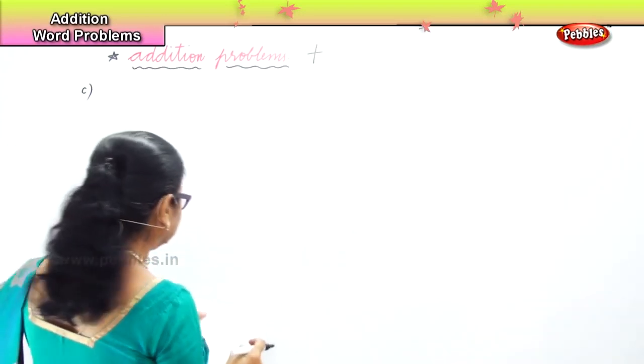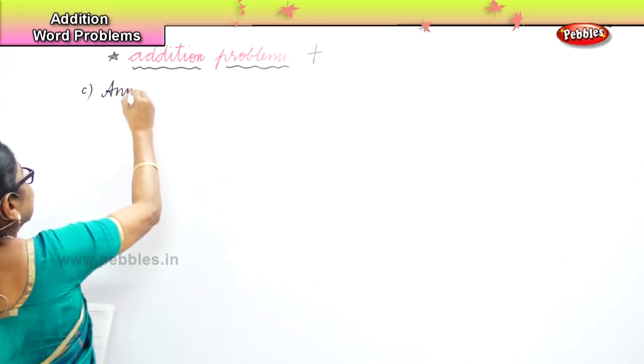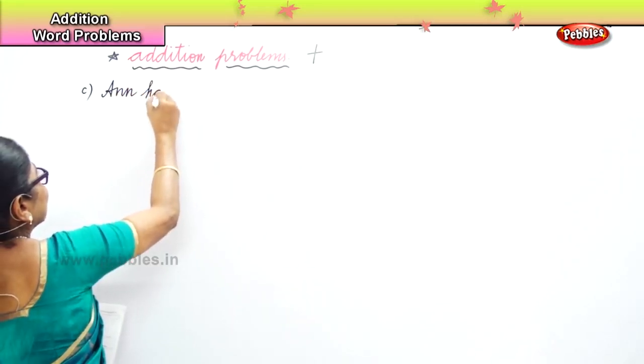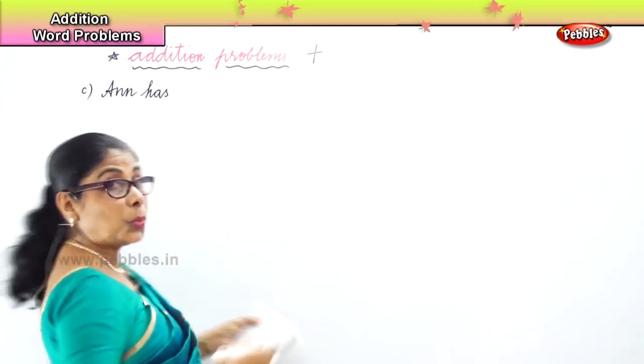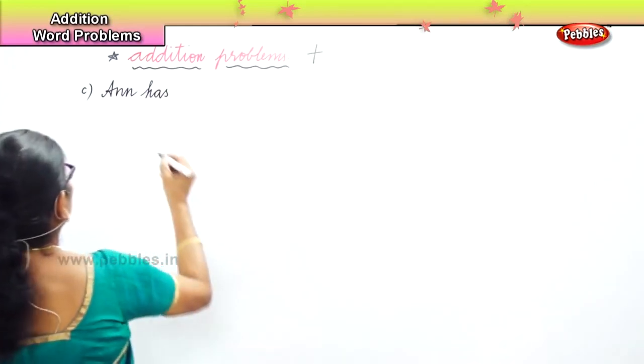Now, Anne has 25 rupees. She's collected 25 rupees.